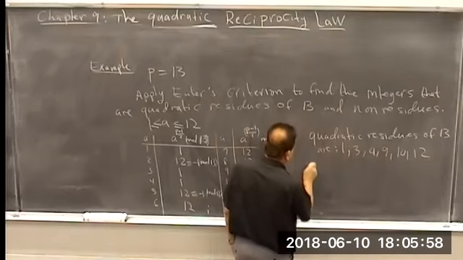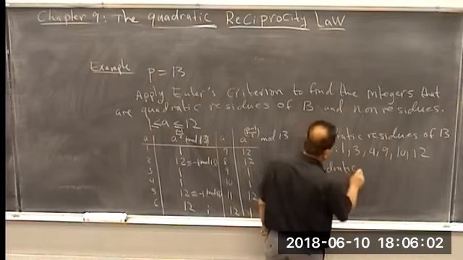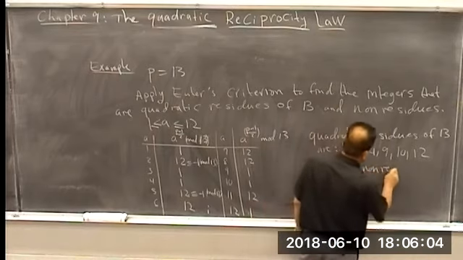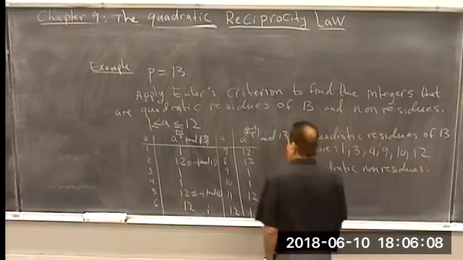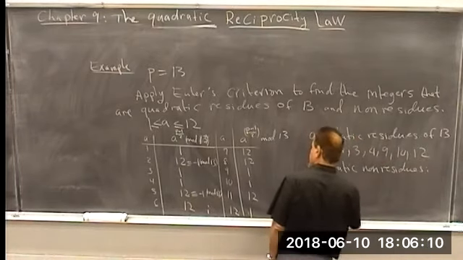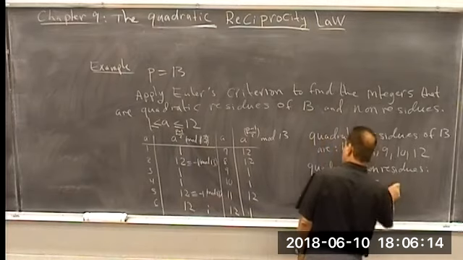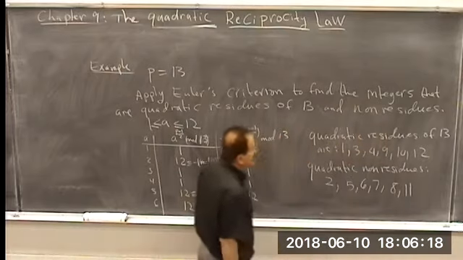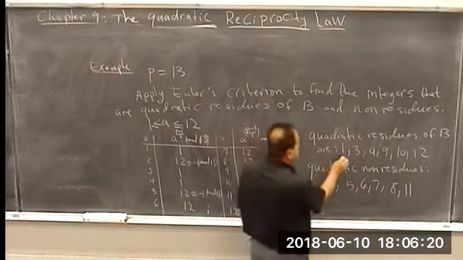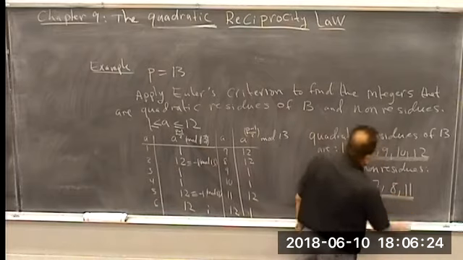The quadratic non-residues there are 2, 5, 6, 7, 8, and 11. And you can find that there are 6 quadratic residues and 6 quadratic non-residues.